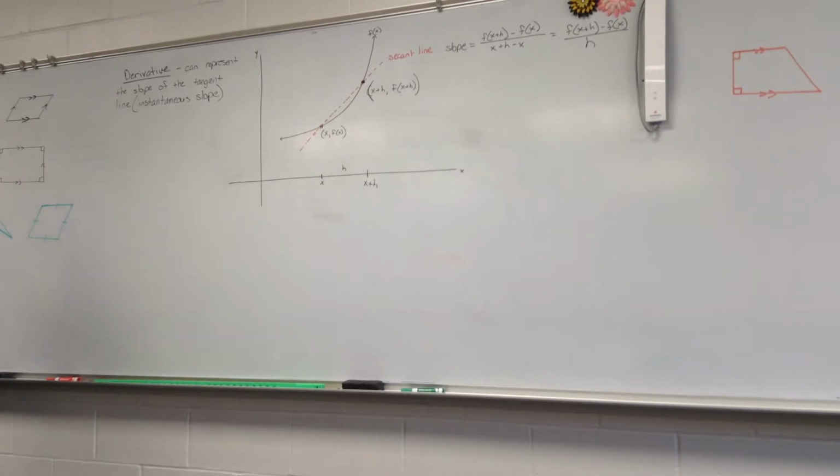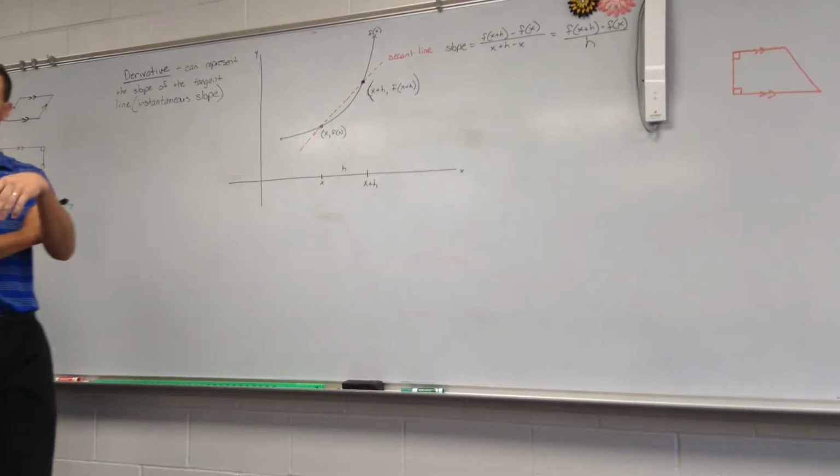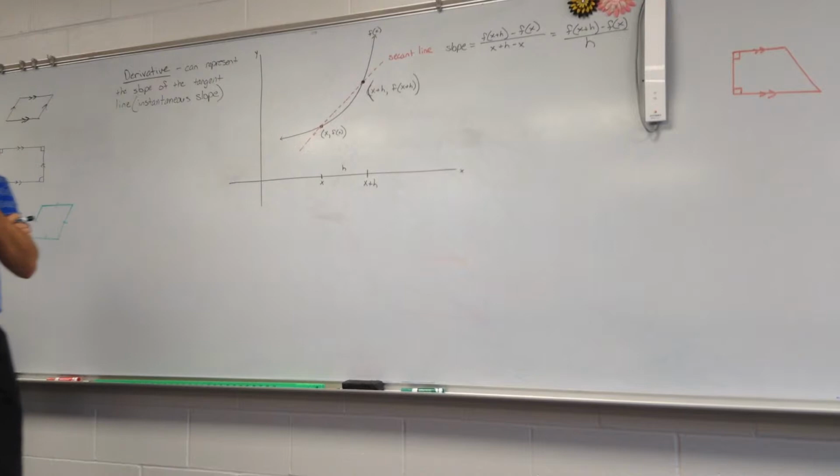That's what the derivative will help us find when we do the derivative, okay? Just like it'll help us find that instantaneous velocity when we do velocity problems. It's going to help us find instantaneous slopes.